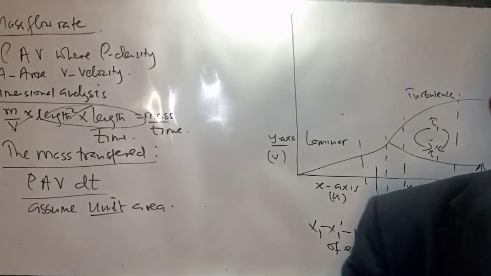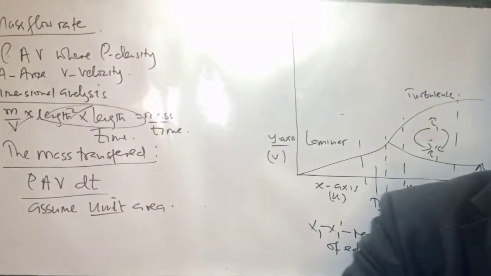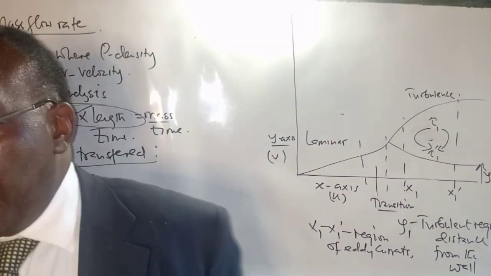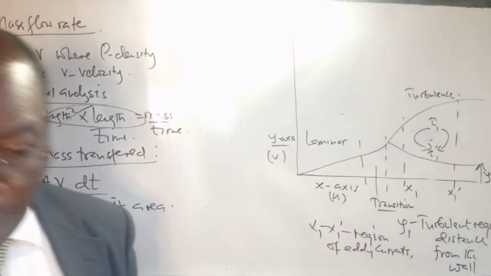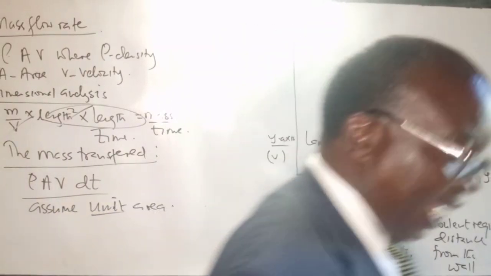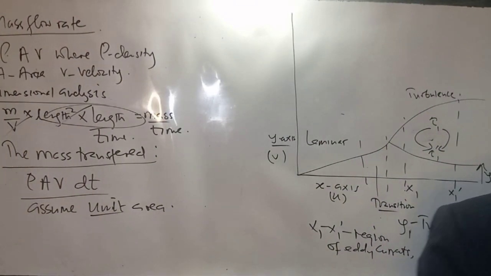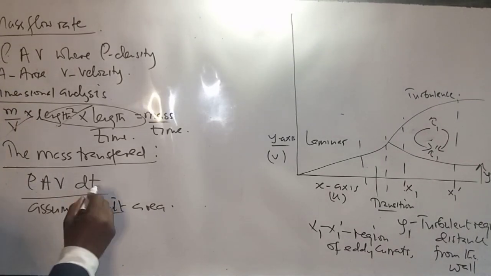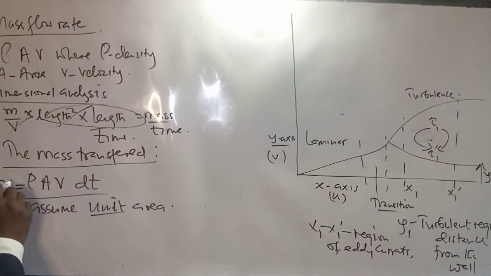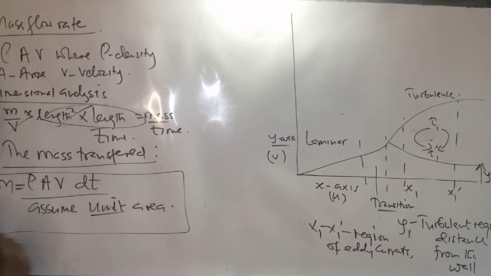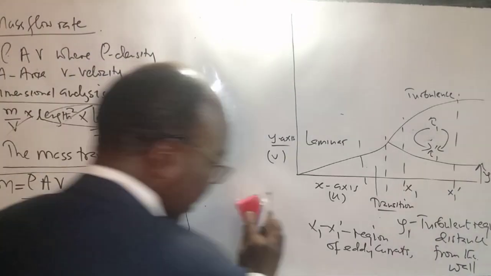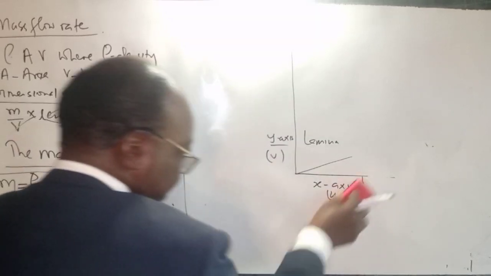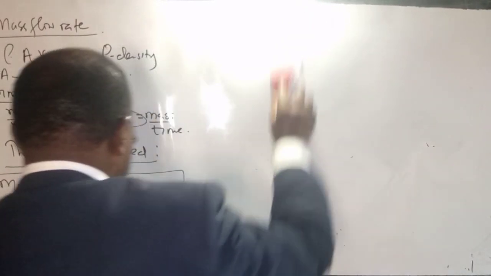But we know, we have talked of transfer of momentum. We know what momentum is. Momentum is the product of mass and velocity. And now we have the mass here. This is the mass. So if we multiply that, just have this diagram in your mind. Always have that diagram in your mind so that when you cross-reference it, you remember.